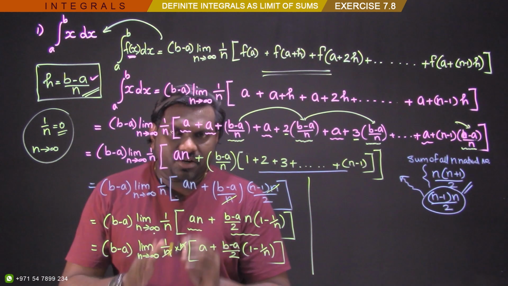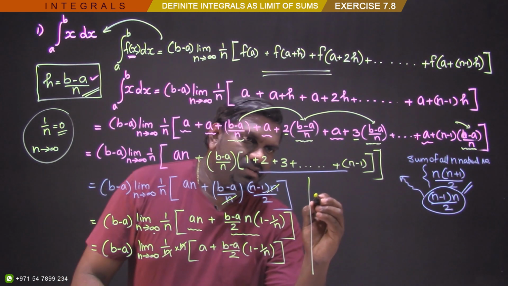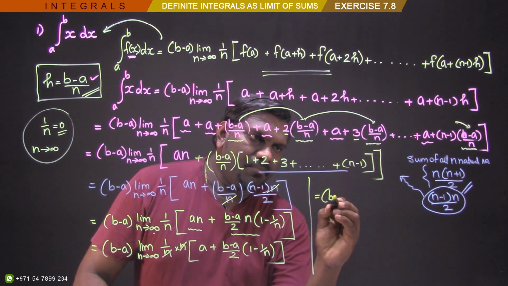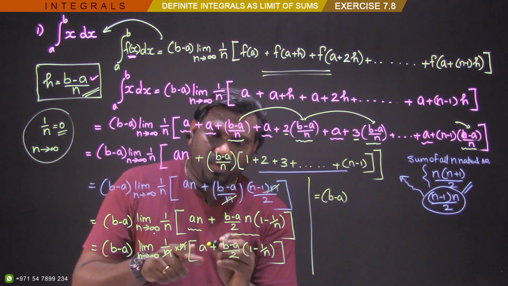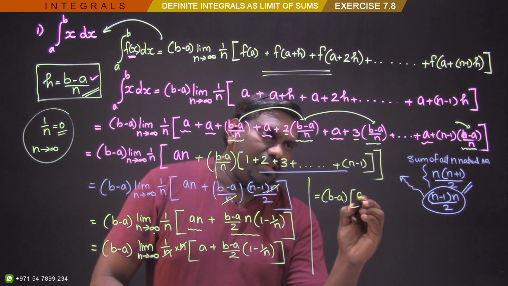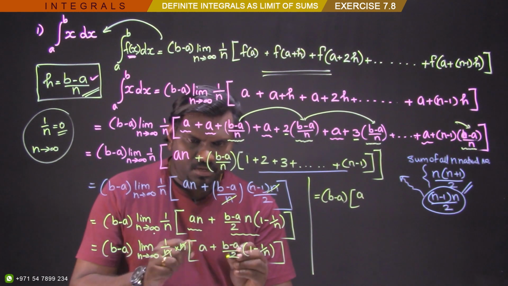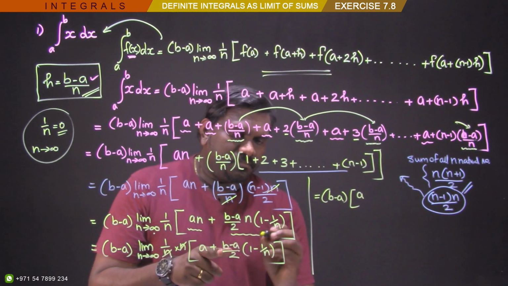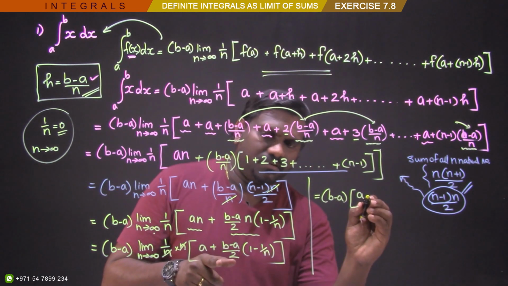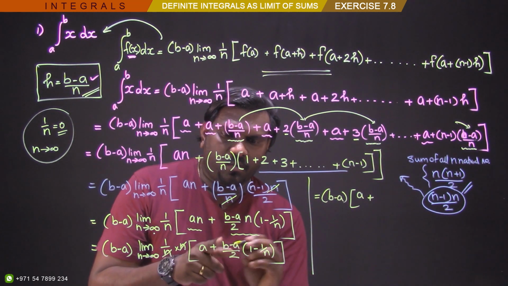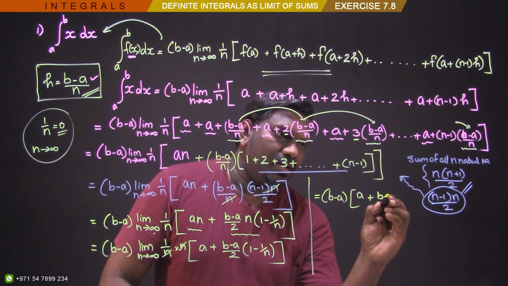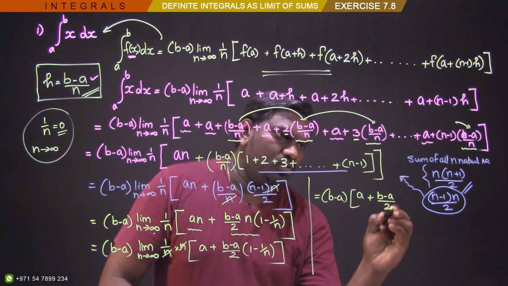Now, so taking n outside, I can cancel these two, and what I have here is b minus a and, yeah, then you are applying the limit now. So a does not change, a remains as it is. Then what do you have here? Then this one, this term with 1 you will get, right, 1 into, because this term is going to be 0. So you will get 1 into this one, b minus a by 2, dear. That's it.